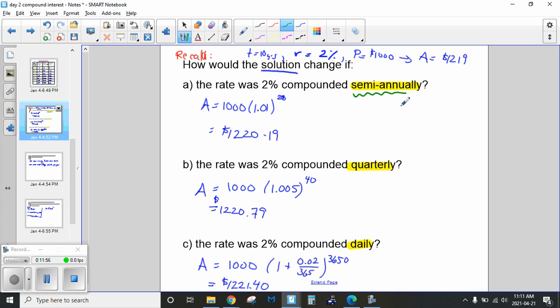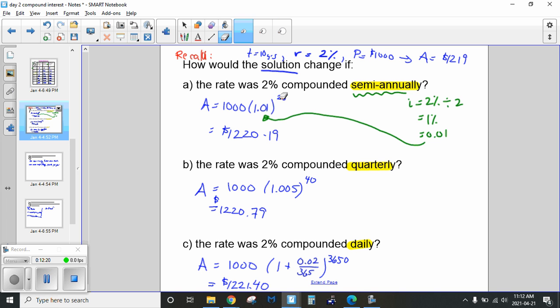So what I mean there is that the interest rate is really 2% divided into two chunks. So we're getting 1% in each half of the year. Written as a decimal, that's 0.01. And that's the number that I've filled into the bracket. The other part of that, this number didn't come out nicely, but I can fix it. The money was invested there in that scenario for 10 years.